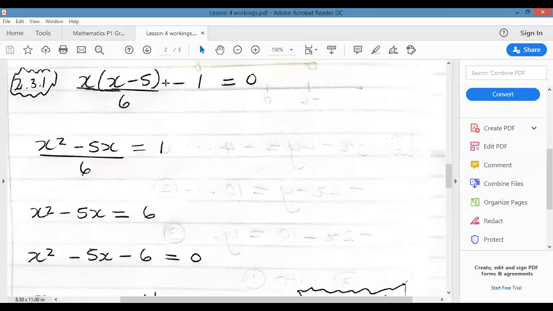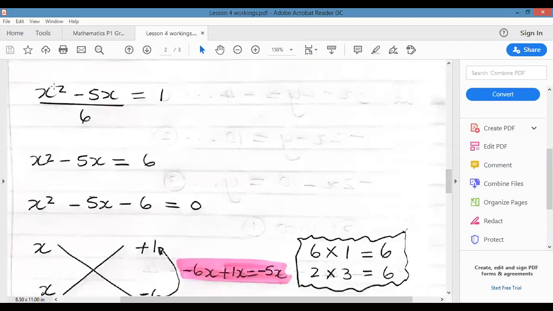Now you must remove your brackets first. So x times x is x squared. X times negative 5 is negative 5x over 6. Now you must transpose 1 to the other side, because now it's negative 1. Why are you transposing 1 to the other side? Because it's a standalone term, it's not part of the fraction. So you can transpose it to the other side so that you can do the cross multiplication.